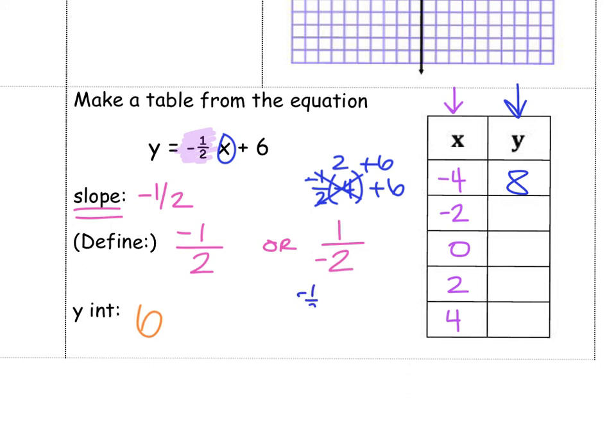Then -1/2 times -2 plus 6. This becomes +1. 1 plus 6 is 7. -1/2 times 0 plus 6. That becomes 0. 0 plus 6 is 6. And then you can finish for 2 and 4. So pause the video, find those answers, and come back and check.